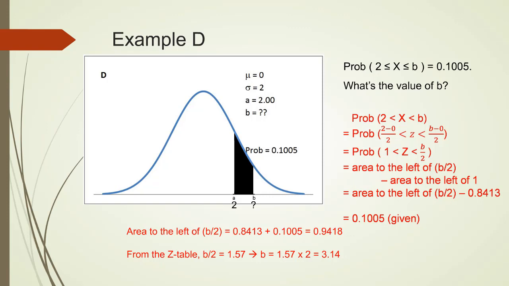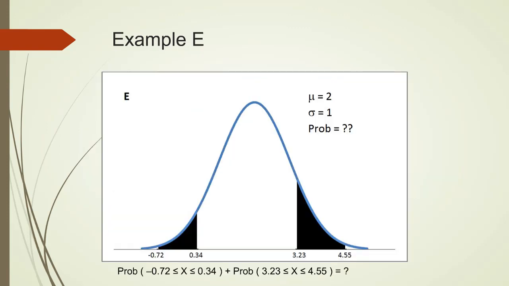So the area to the left of B over 2 should be 0.9418. Now looking up the probability of 0.9418 from the z-table, we know that B over 2 has to be 1.57. Therefore, B is twice of that, which is 3.14. Answers to examples E and F can be found on our course page.